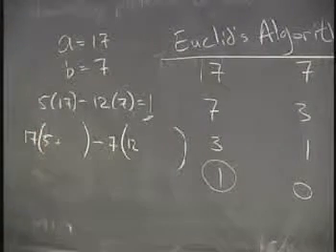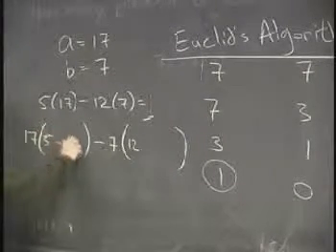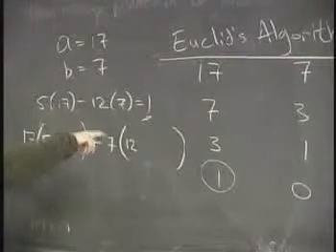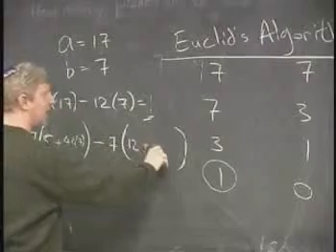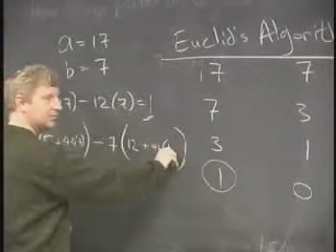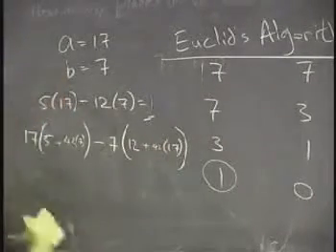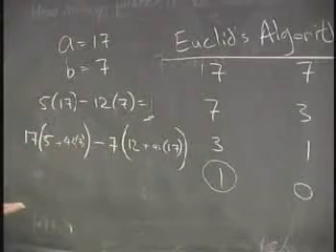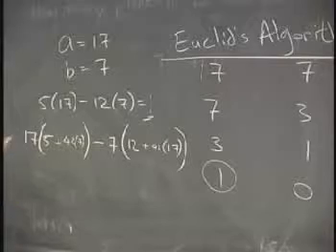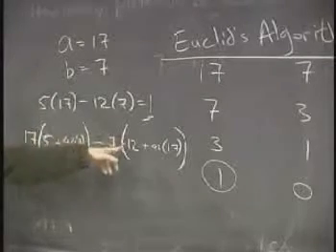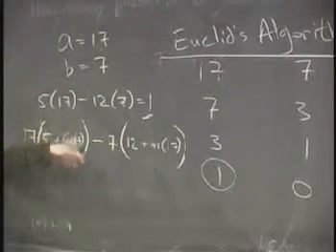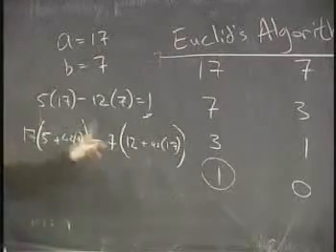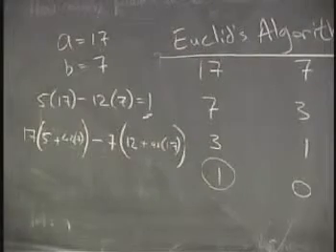Don't pick 17. 42 times 7. And here we're going to pick 42 times 17. And I claim that this is going to also be equal to 1. Because it's the same as 17 times 5 minus 7 times 12 plus 42 times 7 times 17 minus 42 times 7 times 17.